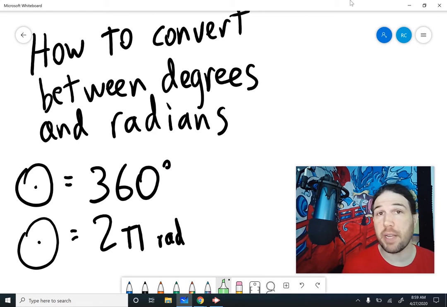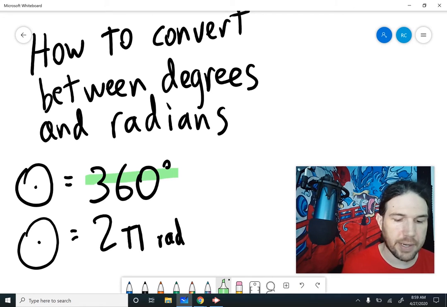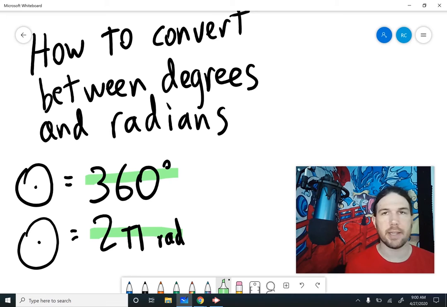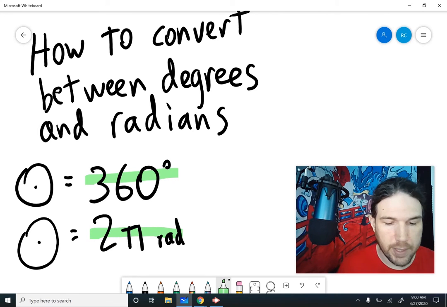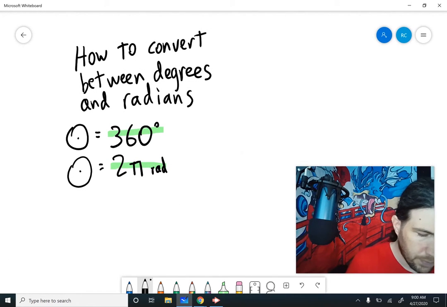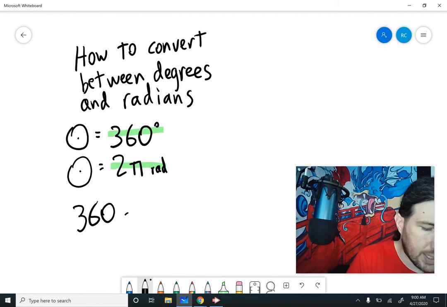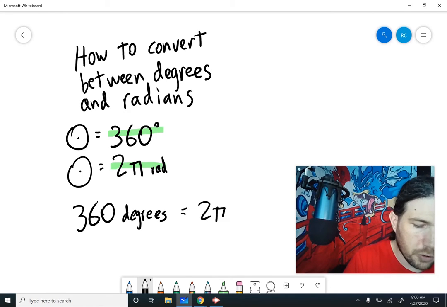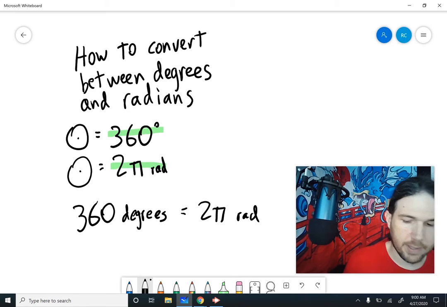So it shouldn't be too big of a leap to see that 360 degrees and 2 pi radians are the same value, right? They're both a complete circle. So we can say that 360 degrees equals 2 pi radians.